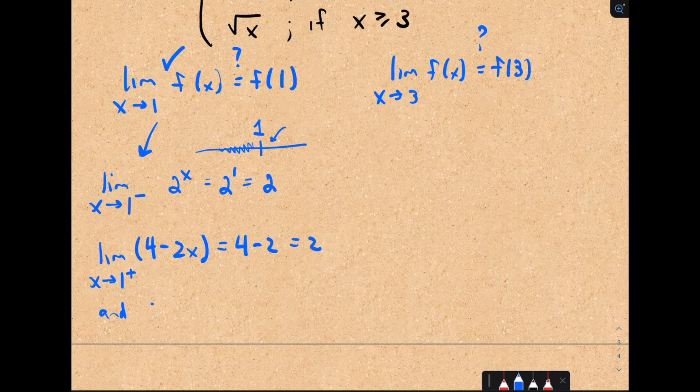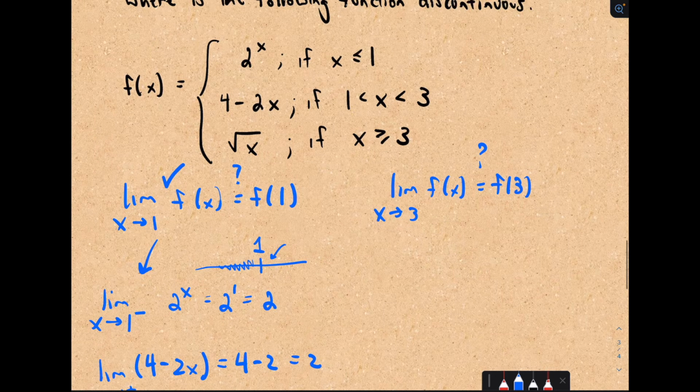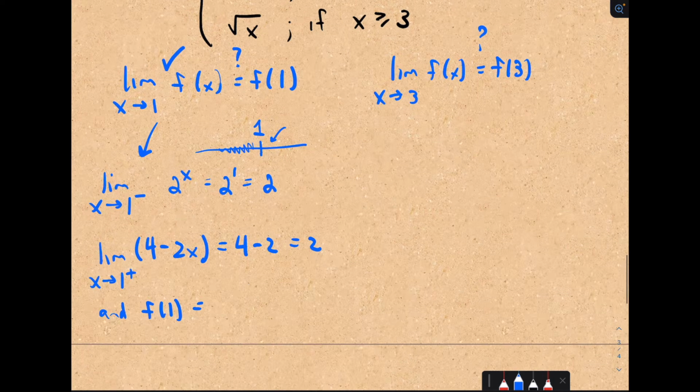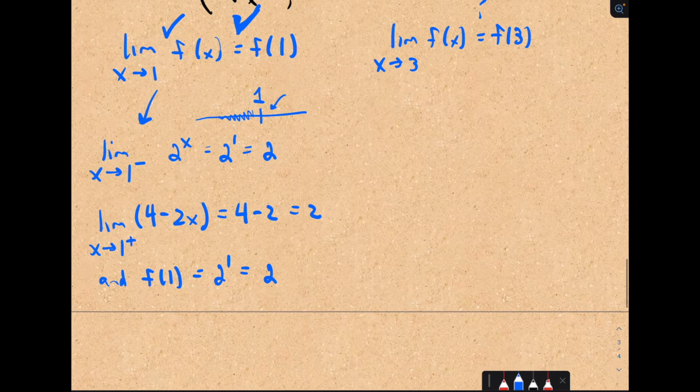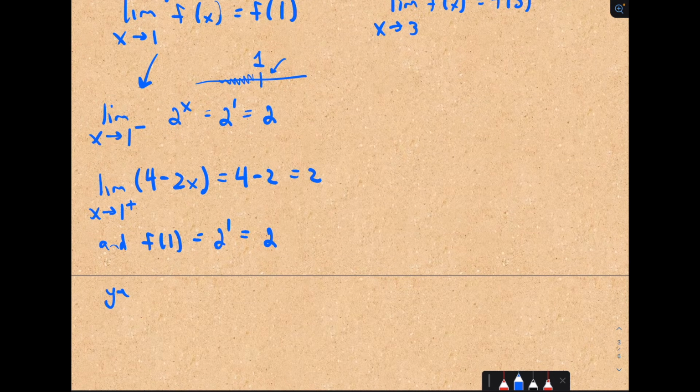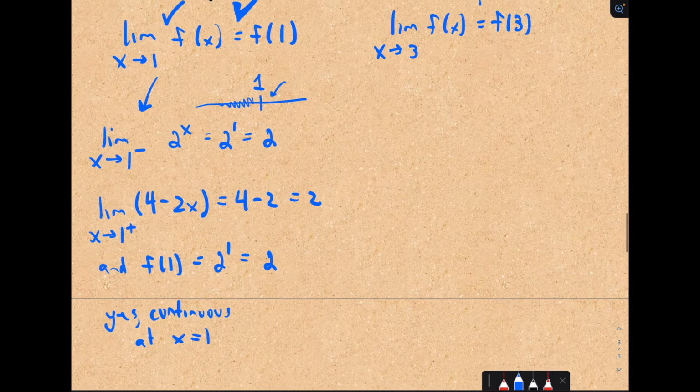And notice if we plug 1 in, where do we use 1? We don't use it here because it's not included. We would use it in our first function because it's x less than or equal to 1. So I would get 2 to the first, or 2, which we already evaluated. So this limit does exist. So we would say yes, it is continuous at x equals 1. So we're in business there.